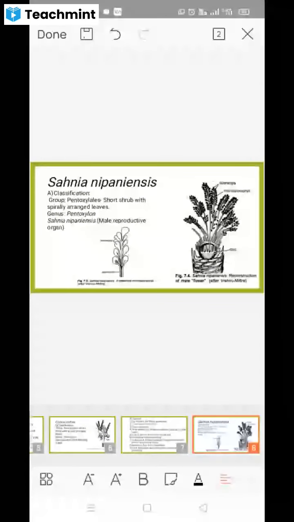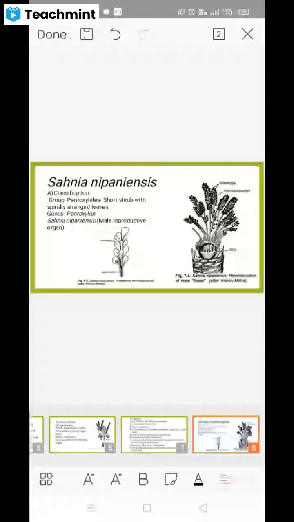Then the last one is Sahania nipaniensis. So Sahania nipaniensis is the male reproductive organ of the pentoxylons. Here these male reproductive organs mostly also arise from the dwarf shoot.